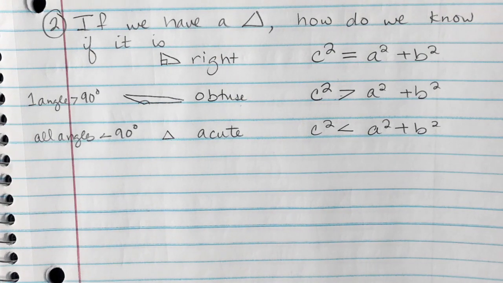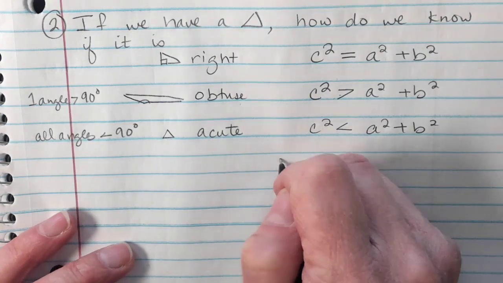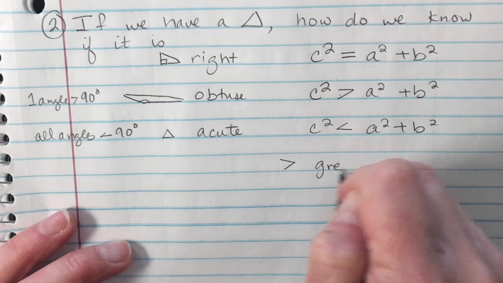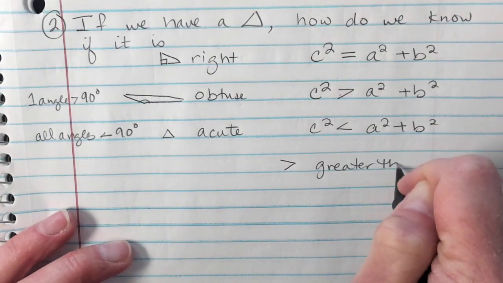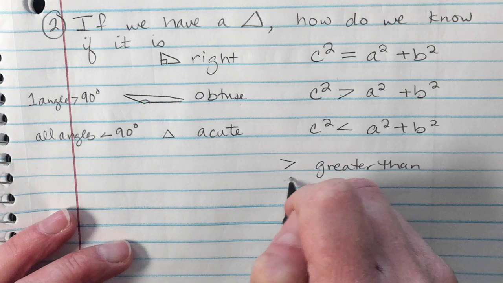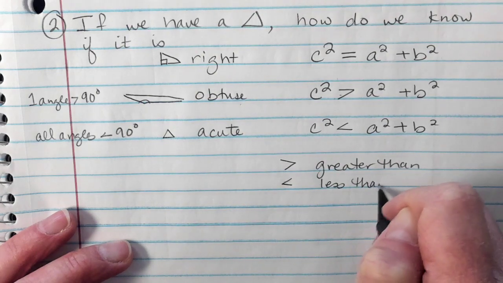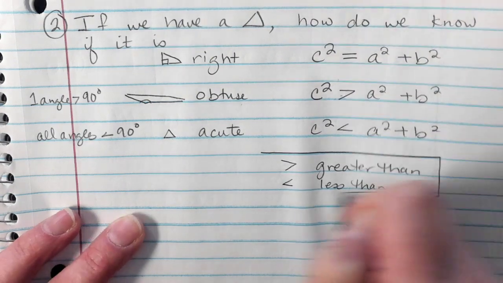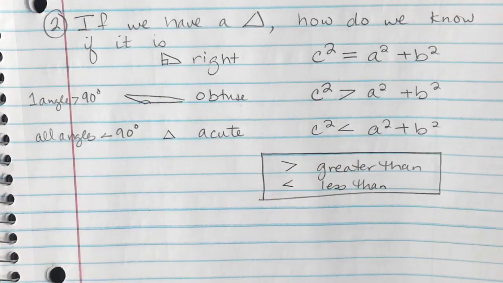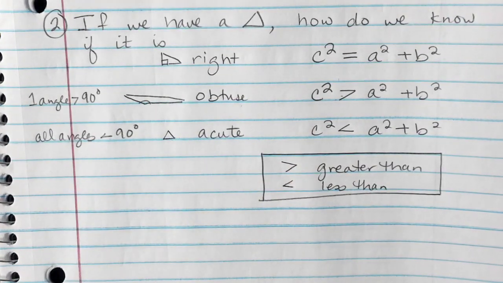And if you guys need a little bit of a helping reminder, I'll remind you what those symbols mean, greater than and less than. Just going to put it in a box off to the side. If you don't need to write that down, you don't have to.